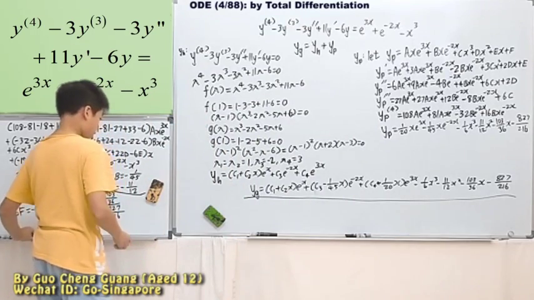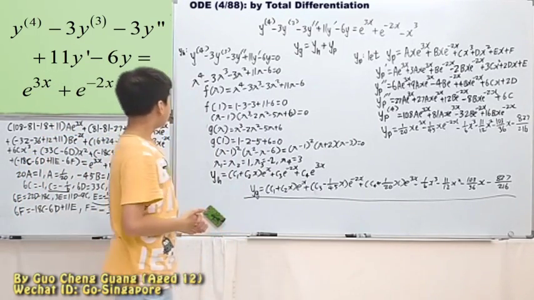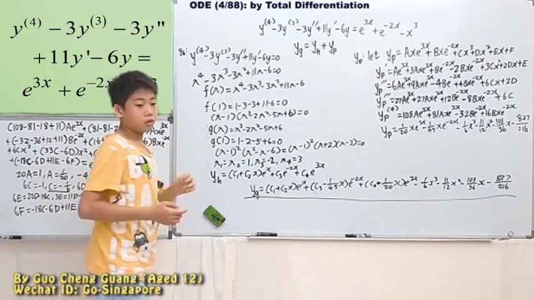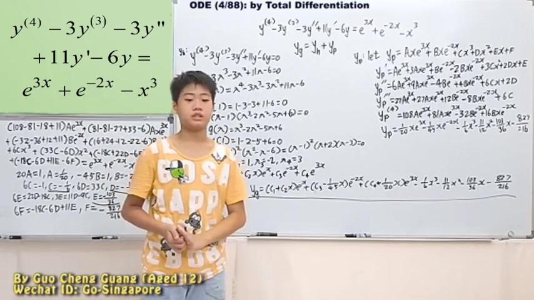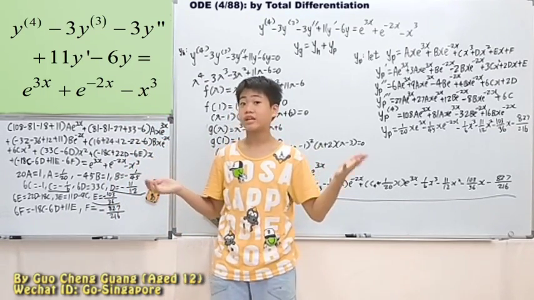Okay, so we found the solution. So overall, the most important part is here when you use characteristic equations. So what's the advantage of characteristic equations?